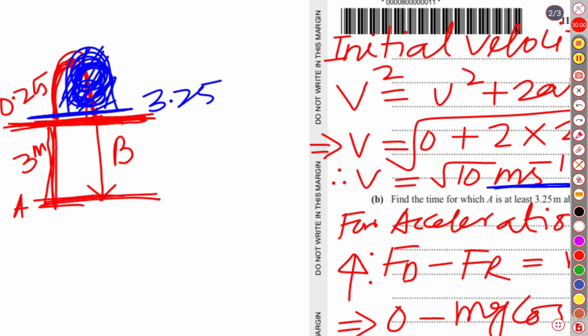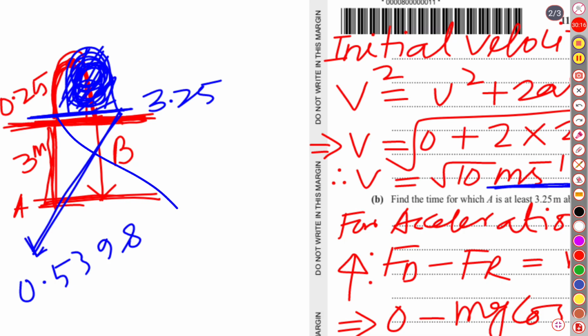That's why we have found the first value. First value is 0.5398. When it finally reaches here, and initially when it was at this point, the time was 0.0926.